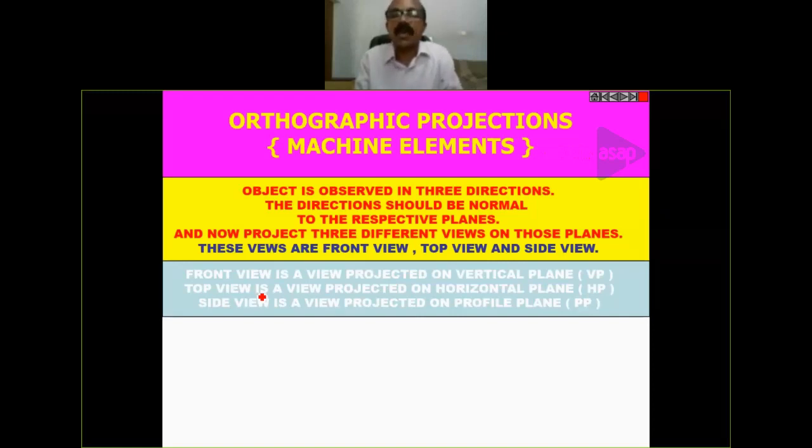For drawing the left side view, you have to consider the right profile plane, and for drawing the right side view, you have to consider the left profile plane. We have to follow only first angle projection.